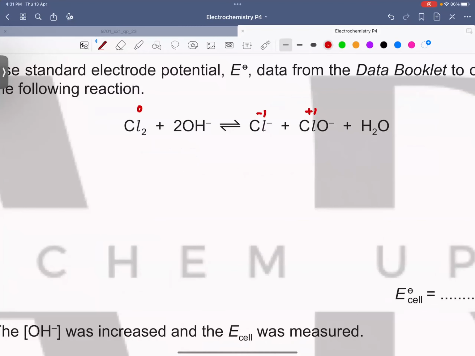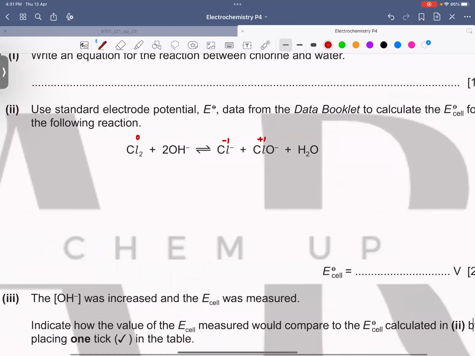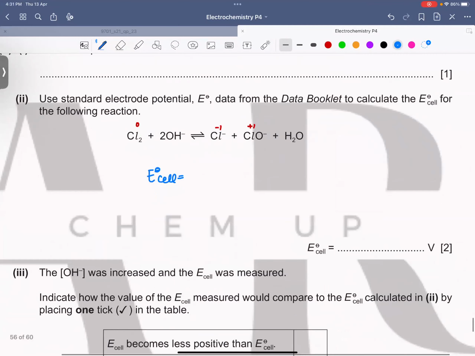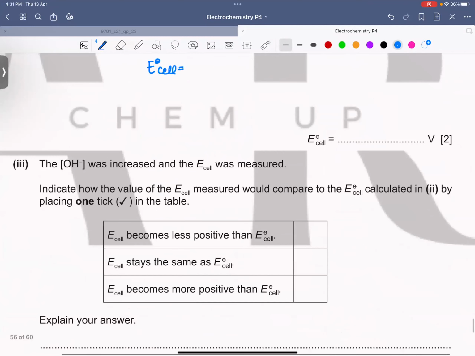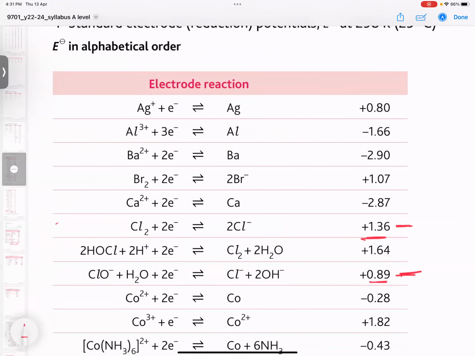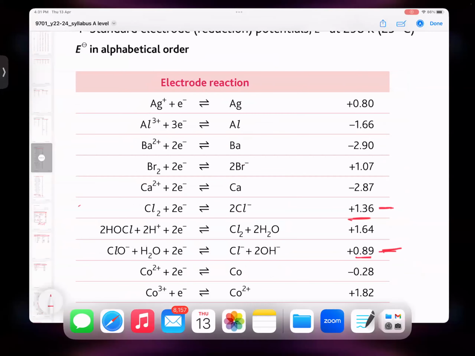And they have asked you to calculate the E0 cell, so E0 cell would be 1.36 minus 0.89.